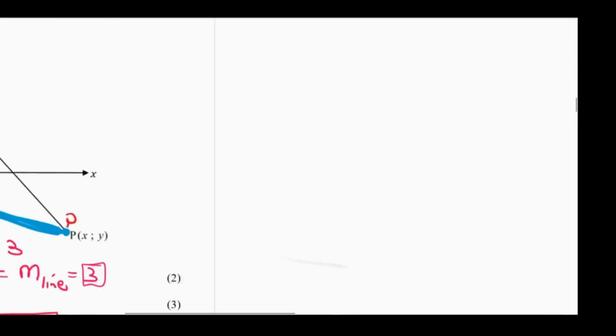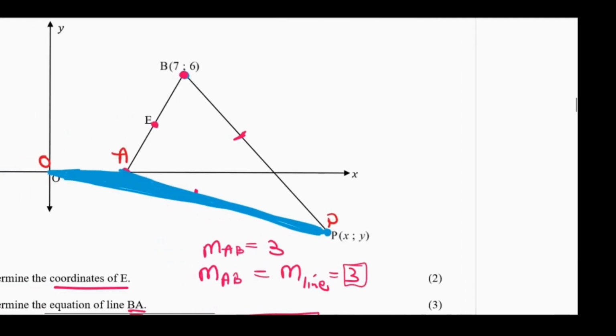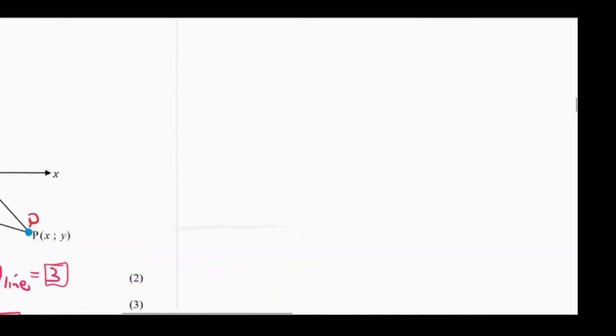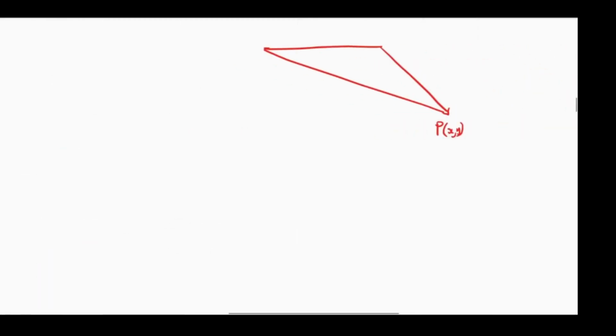And we have our P here, which is what we are looking for, x and y, as you can see on the diagram here. And we are given the value of A, which is 5 and 0, right? And we are given the origin, which is 0 and 0. So those are some of the information that we have: the origin is 0 and 0, A is 5 and 0, the area is given as 10 units squared, right?